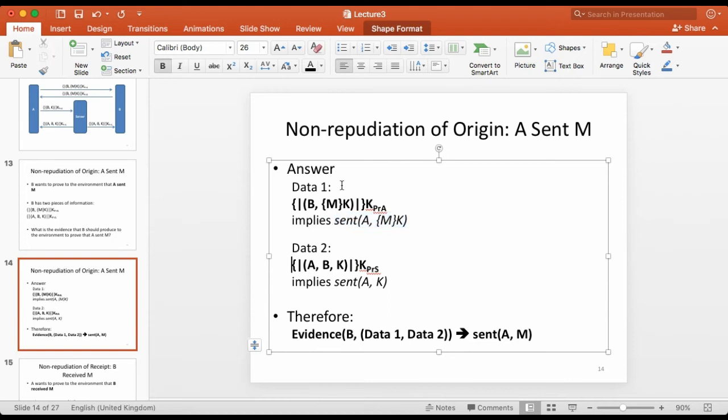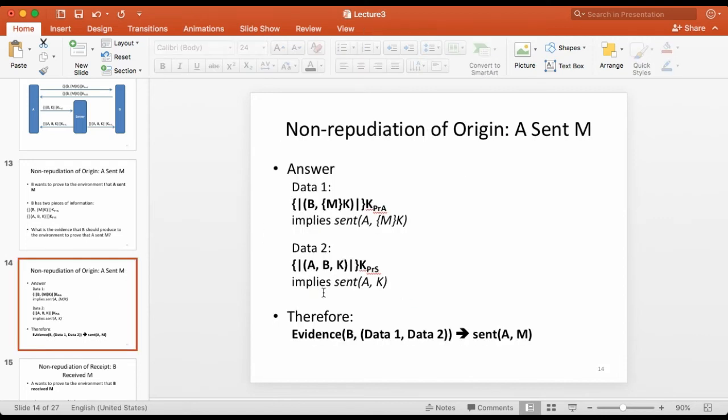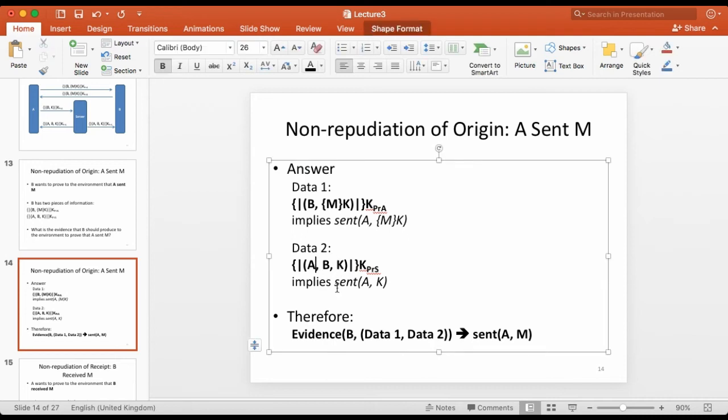On the other hand, in the second conclusion, we can essentially state that A also sent the key K, and that is because the server here is attesting to the fact that this key is a key which is used for communications between A and B. Okay, so as a result, we can conclude that it was indeed A who sent the key K to the server.